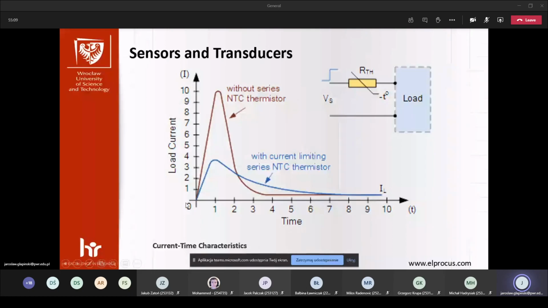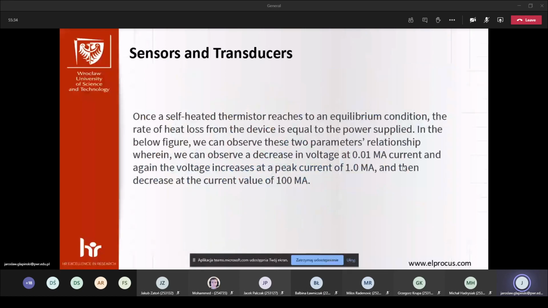So if we apply a step of the current, the thermistor causes it to be smoothed. Yes, this is because it starts heating and changes the resistance. So sometimes we use a thermistor to protect the load.